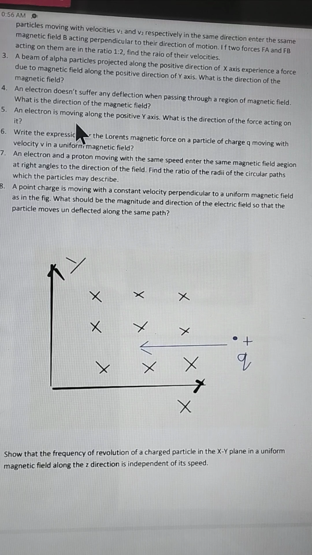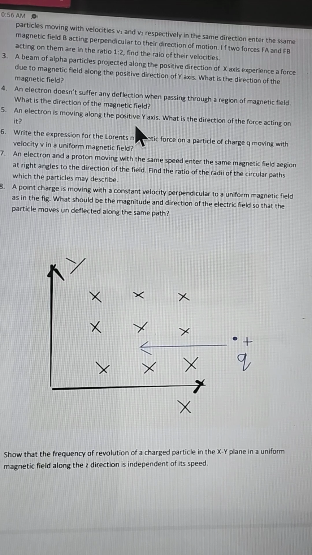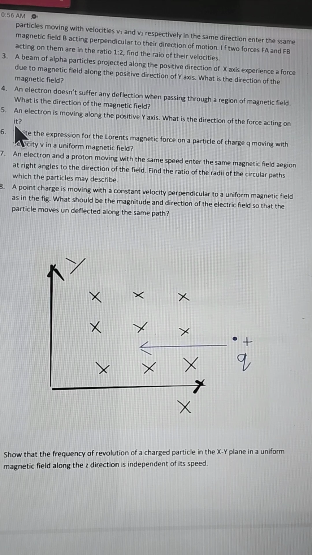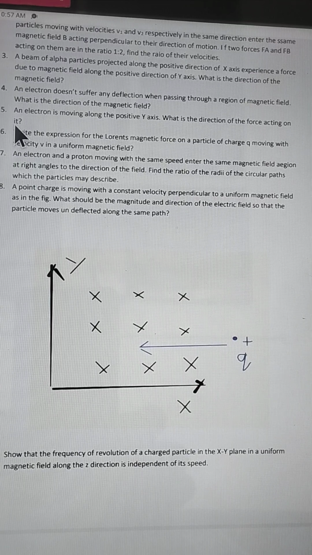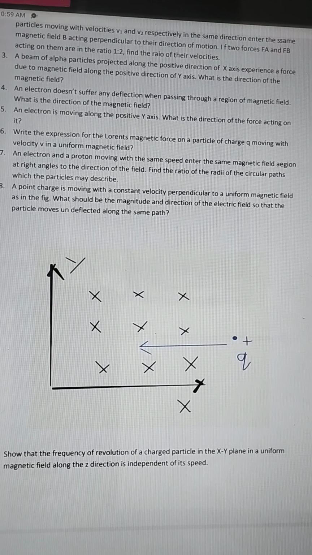An electron is moving along the positive direction of y-axis. What is the direction of the force acting on it if the magnetic field is acting along x-axis? So here it is asked that an electron is moving along the positive direction of y-axis.